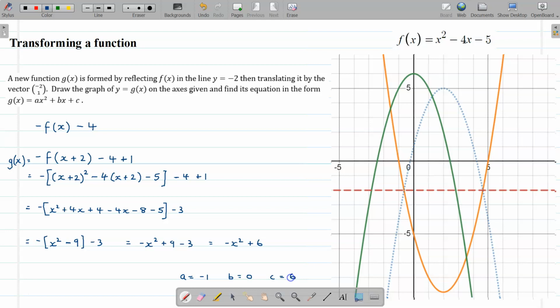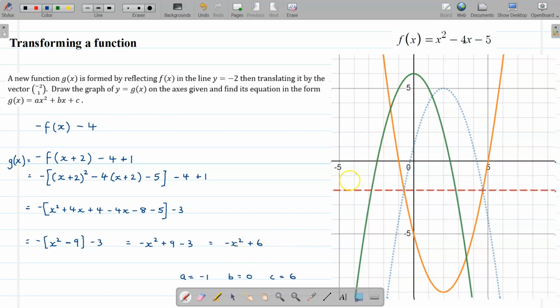Now, if you look at the function in green here, you can see that that fits. The reason that the x squared coefficient is negative 1 is because the function is an upside down parabola. So that's where the minus x squared term comes from.